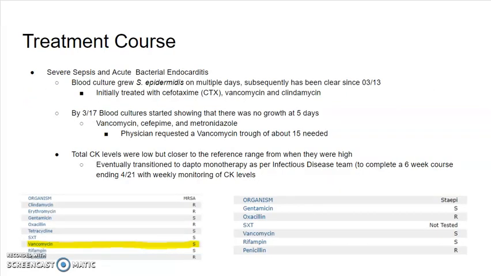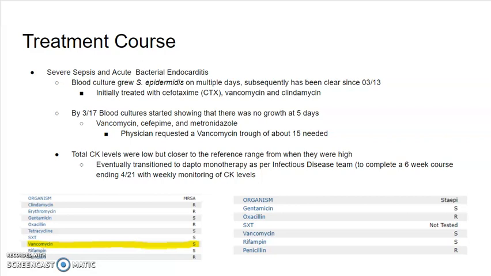So the patient was treated for their severe sepsis and acute bacterial endocarditis. The blood culture that grew staph epi on multiple days had been clear since March 13th and was initially treated with cefoxitamine, vancomycin, and clindamycin. By 3/17, the blood culture started showing no growth at 5 days.